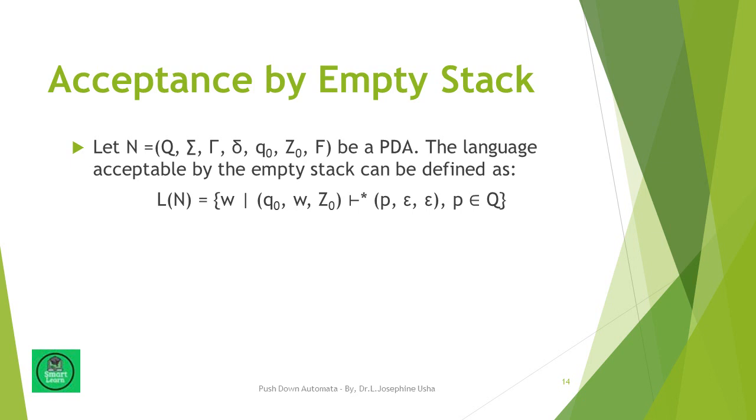The language accepted by empty stack is L(N), which is equal to the set of strings W such that after reading the entire input W, starting from the start state with the initial stack content Z0, it empties the stack and reaches any one of the states in Q. It may not be a final state. This is acceptance by empty stack, and in this case the string W is present in the language of the pushdown automata.